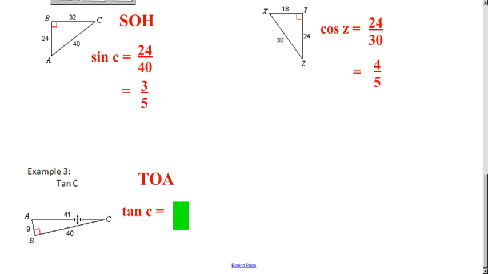Opposite of C is 9. Over A is adjacent. Remember we just talked about in example 2 that 41 is our hypotenuse. So adjacent of C would be 40. So you would have opposite over adjacent, so 9 over 40. 9 over 40 would not reduce, so that would be your trigonometric ratio.